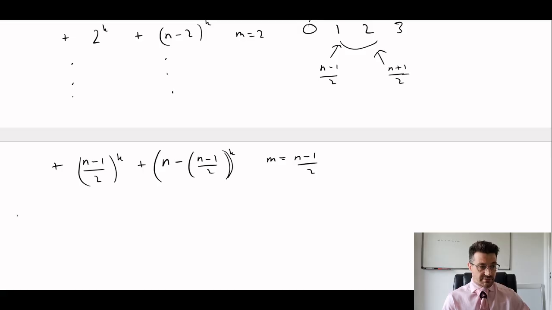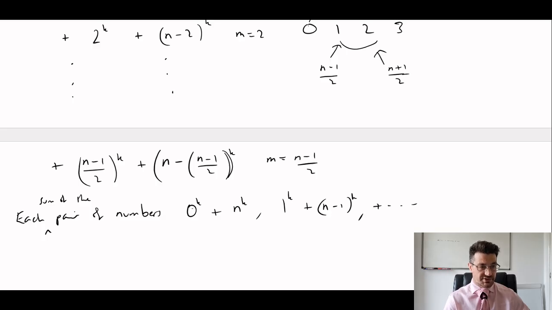Each pair of numbers, or each sum of the pair of numbers, 0 to the power of k plus n to the power of k, 1 to the power of k plus n minus 1 to the power of k, and so on, is of the form n minus m to the power of k plus m to the power of k.